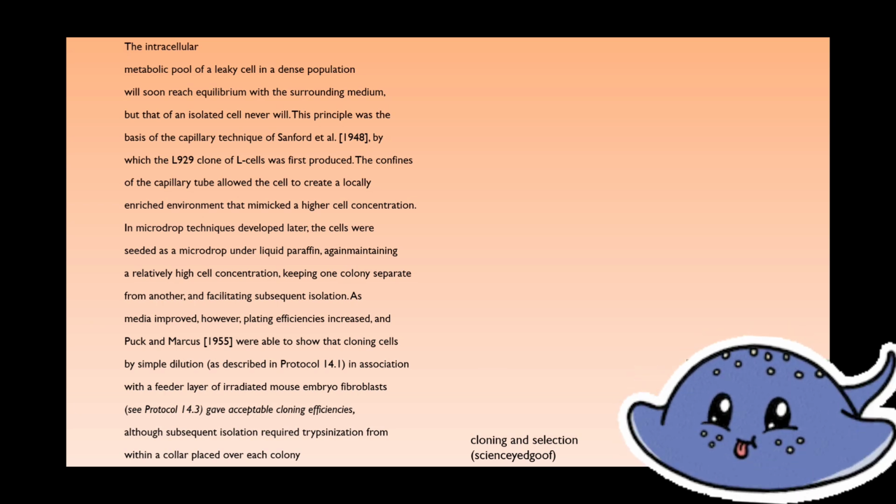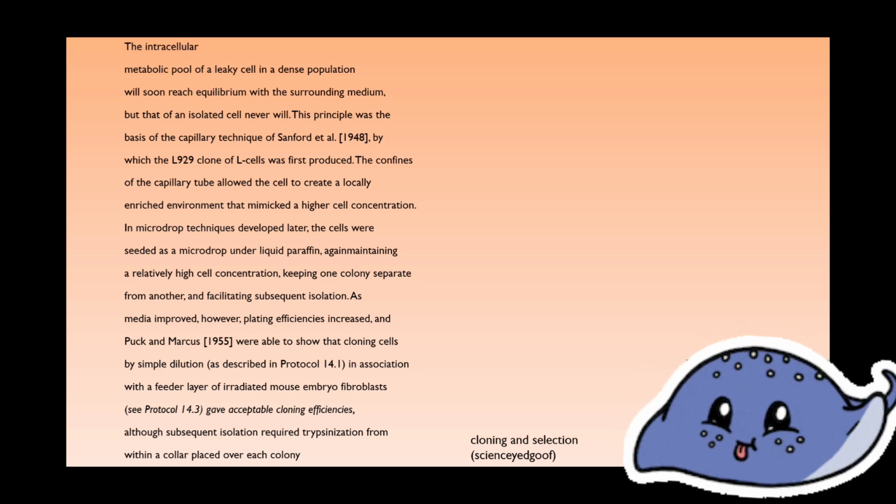The metabolic pool of the leaky cells will usually go into equilibrium with the surrounding medium. But if you take that cell and keep it isolated, then this will not happen.